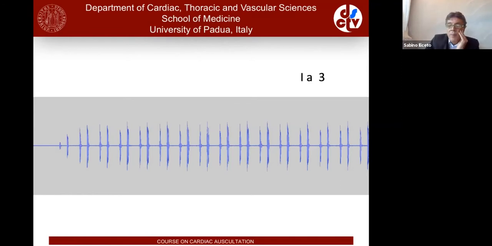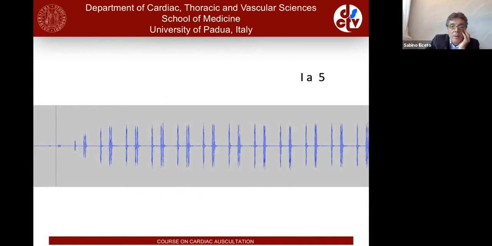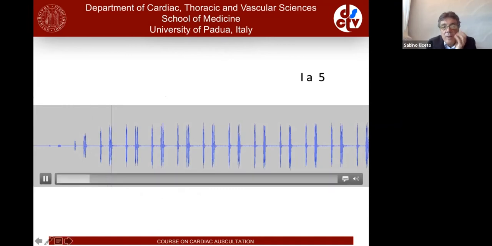Another example, and then we can stop discussing the first and second sound, in which we show the splitting in a more emphasized way. I shall stop when the splitting occurs, and I shall return in order to facilitate understanding. Look here.